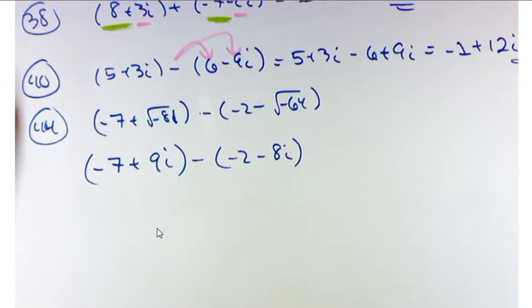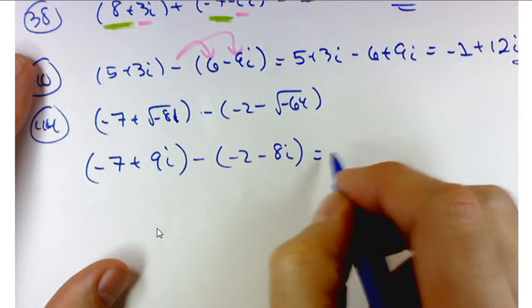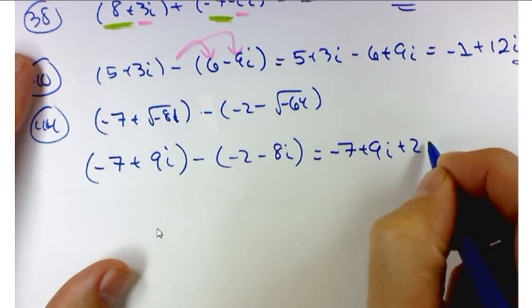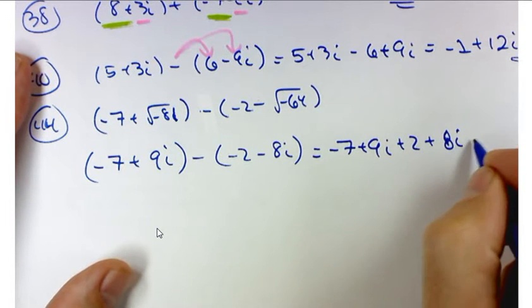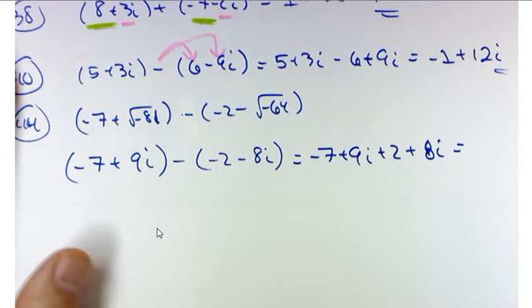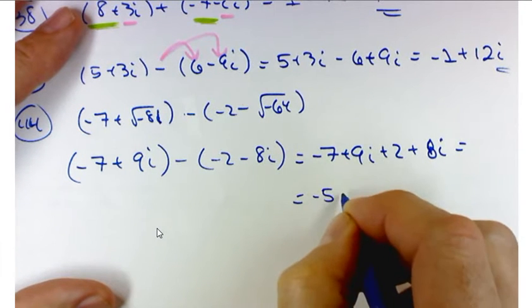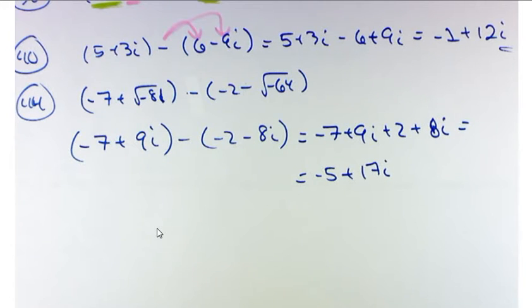Good. So once you simplify that, you've written these as complex numbers. Let's finish this by distributing that negative. -7 plus 9i plus 2 plus 8i. What do I get when I add these things together? -5 plus, good, 17i. Nice.